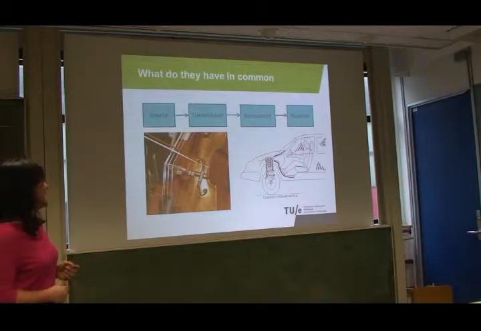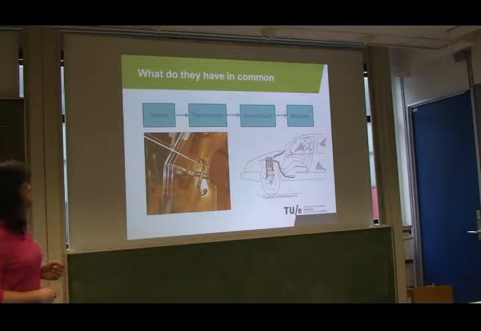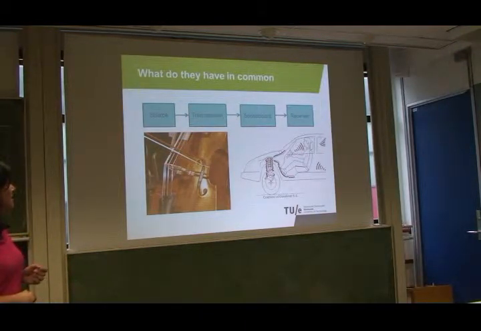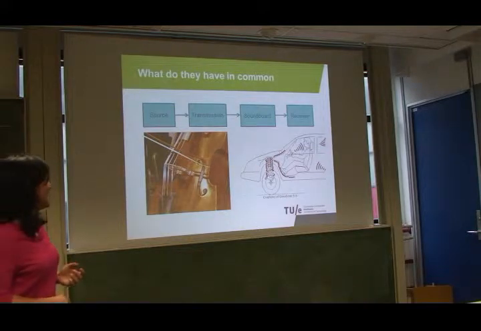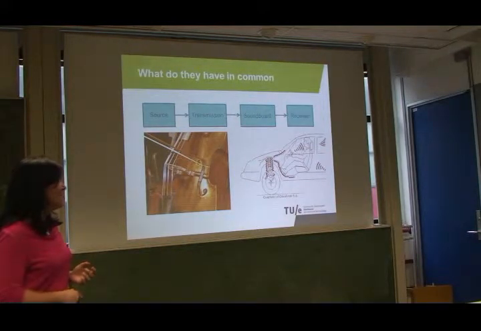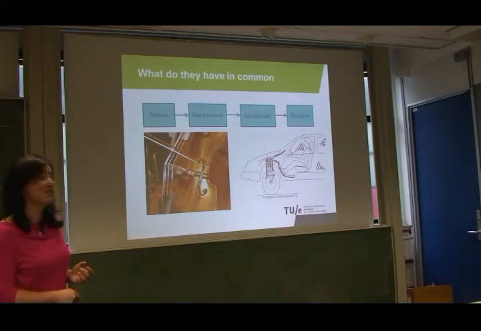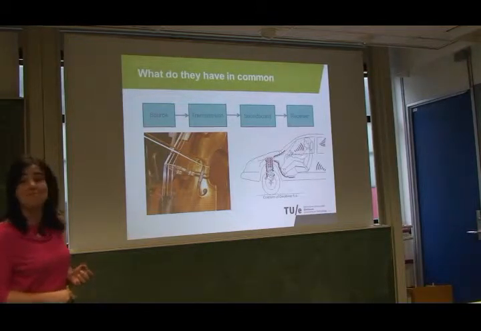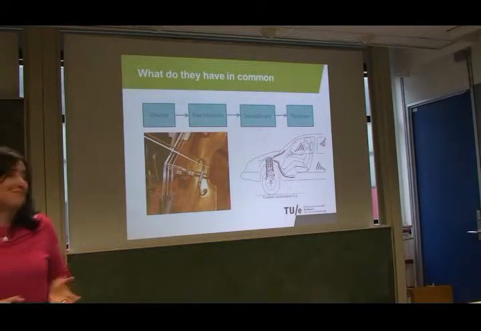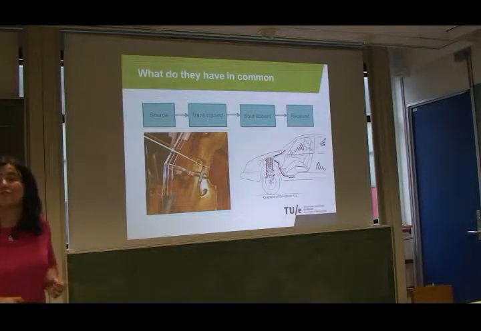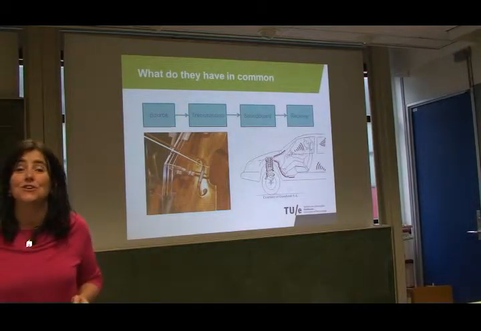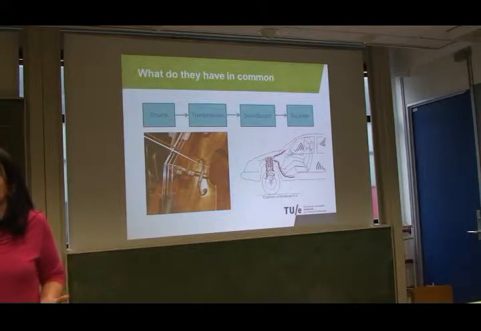Then in both cases, we have a transmission. In the case of the double bass, it is the bridge that transmits the vibration of the string to the soundboard. And in the case of the car, it is the suspension that transmits the vibration of the tire to the car body. Same thing. Then once we get at the car body, or in the case of the double bass the soundboard, we get the sound radiation.